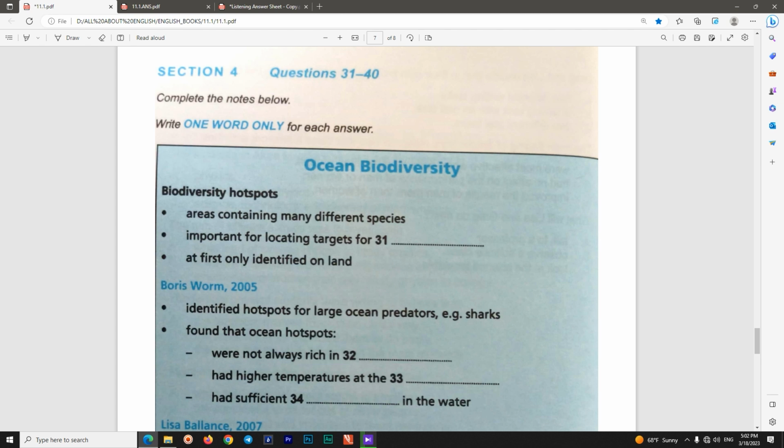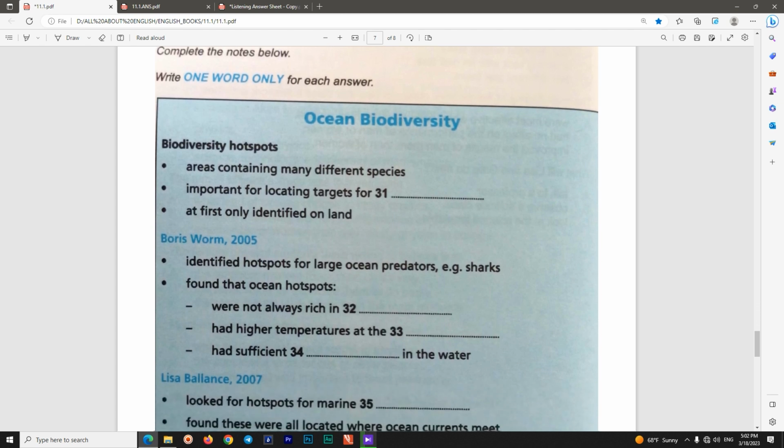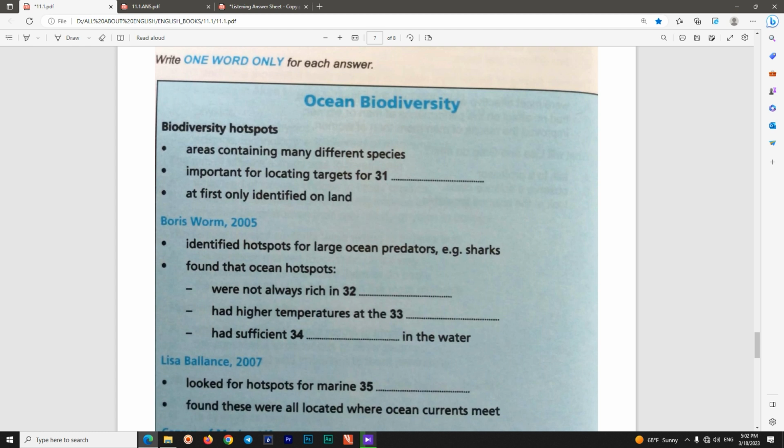Worm located 5 hotspots for large ocean predators, like sharks, and looked at what they had in common. The main thing he'd expected to find was that they had very high concentrations of food, but to his surprise, that was only true for 4 of the hotspots.